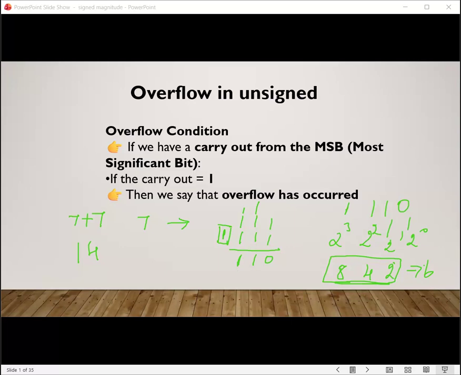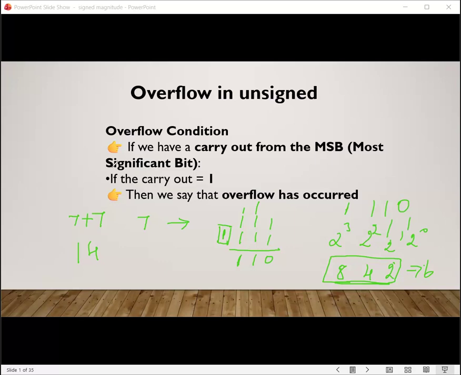You might ask why we need to consider this overflow. We can just write the carry here, but this is possible only using pen and paper, not in a computer. In a computer, the memory is fixed. The registers in the ALU, the arithmetic and logical unit, are fixed, and all operations are performed on registers.